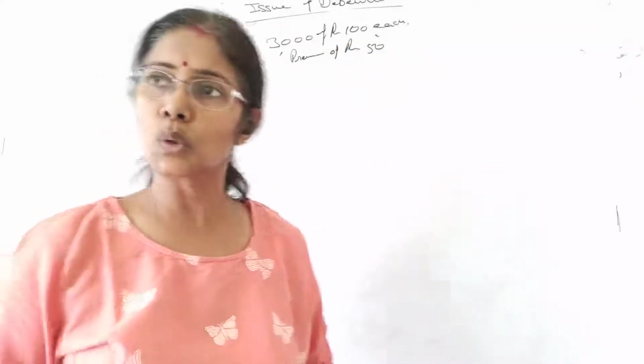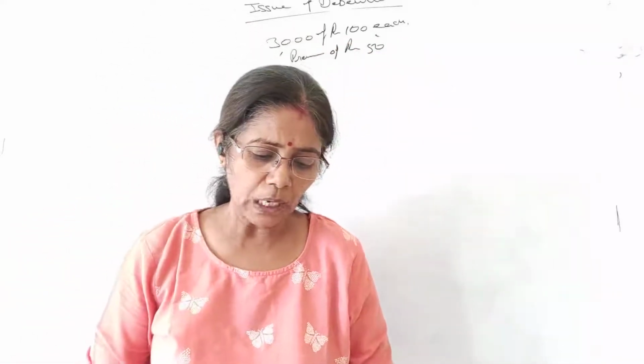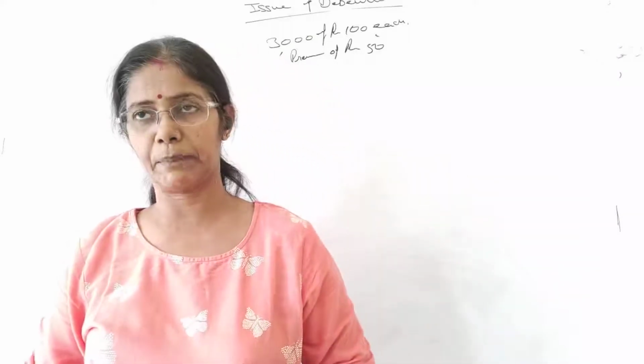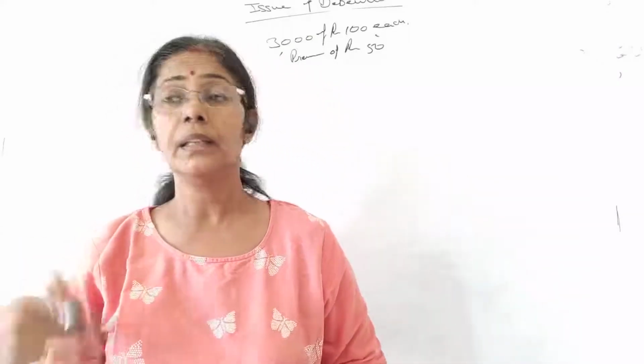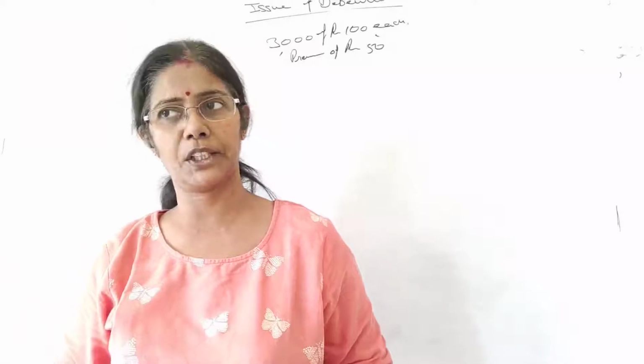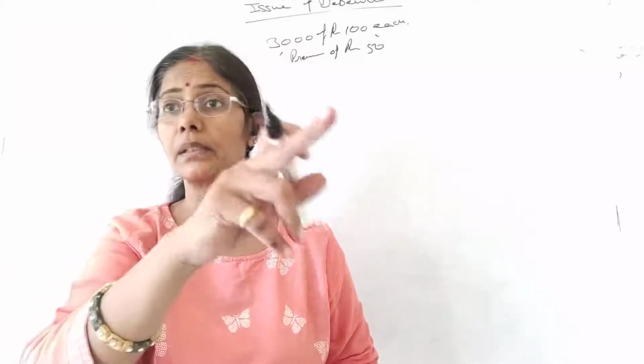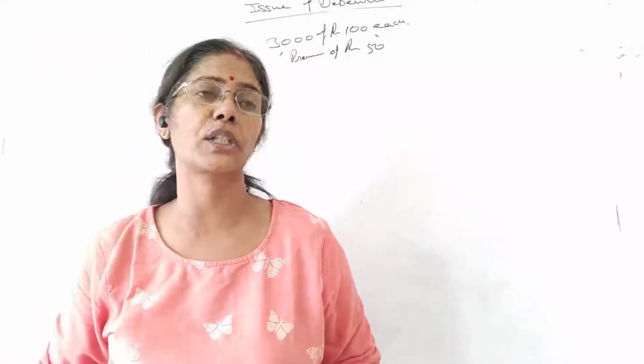So the total amount is 150. Now, full amount was payable on application. People have paid the full amount on application. That is the same case as in question number 4.